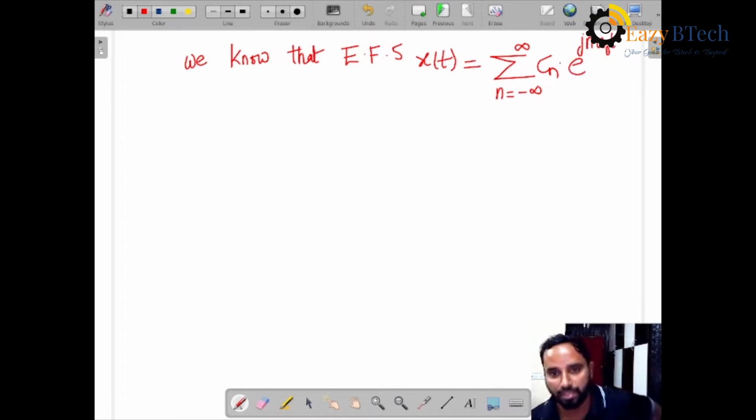This we know as per exponential Fourier series. Now we want the Cn formula, so I am going to multiply both sides by x of t.